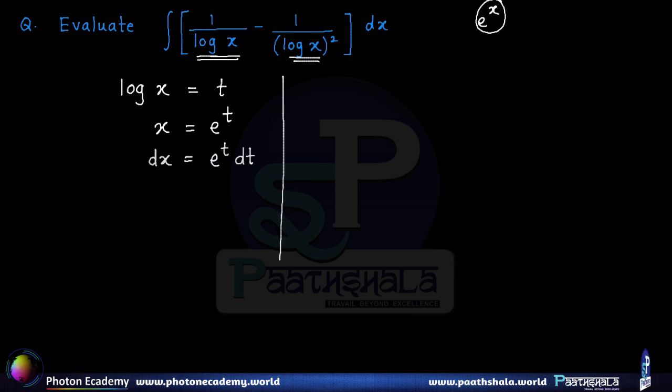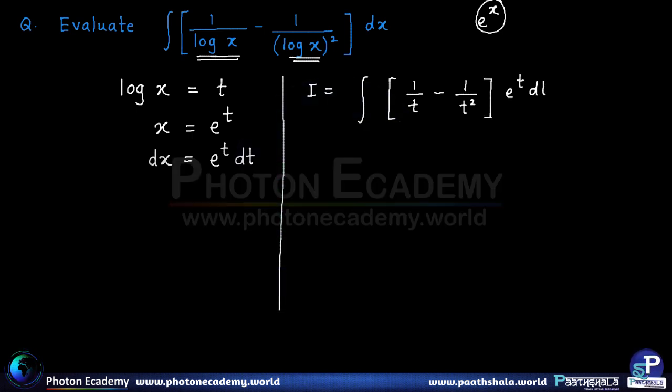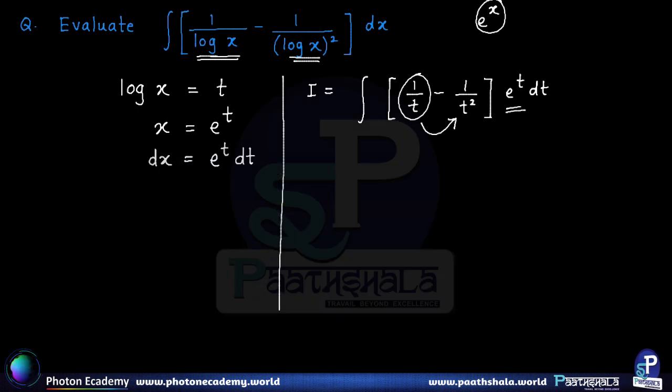So putting that in the integral, 1 upon log x is 1 upon t, minus 1 upon log x the whole square is minus 1 upon t square, into dx which is e raised to t dt. And now immediately once again the required form appears. If we consider 1 upon t as the function, then its derivative is minus 1 upon t square, and we have the e raised to t as expected. So the answer is e raised to t upon t plus c.